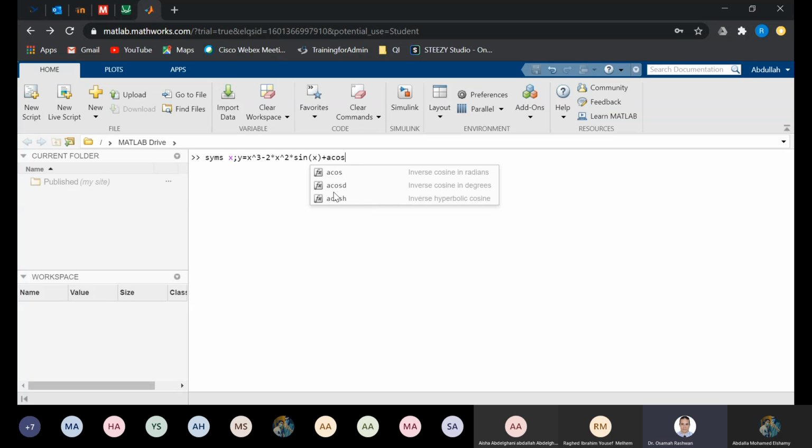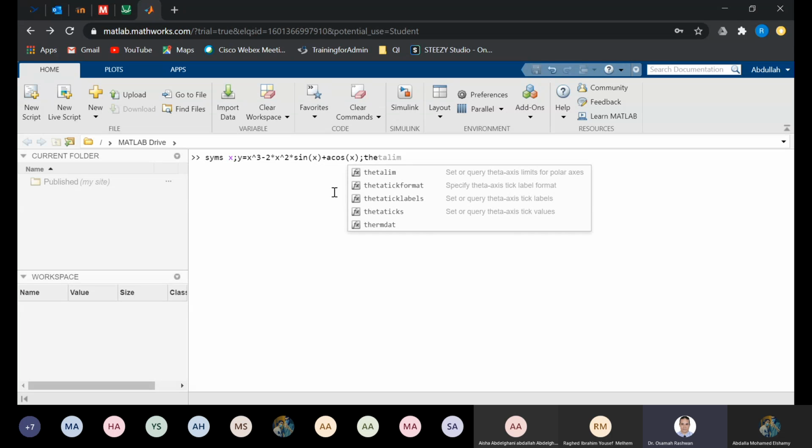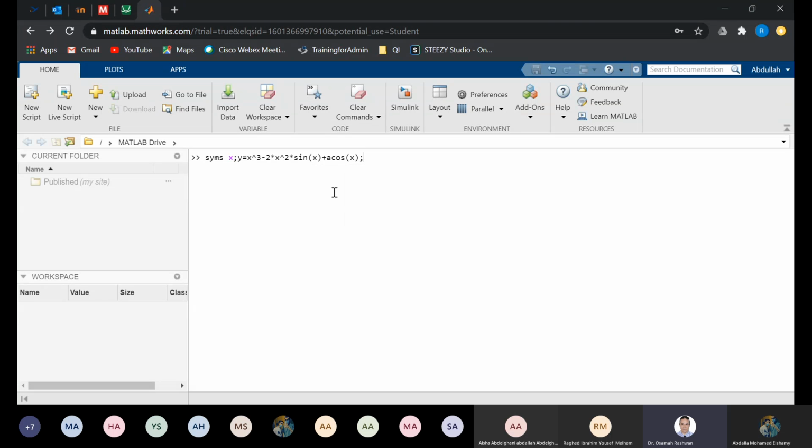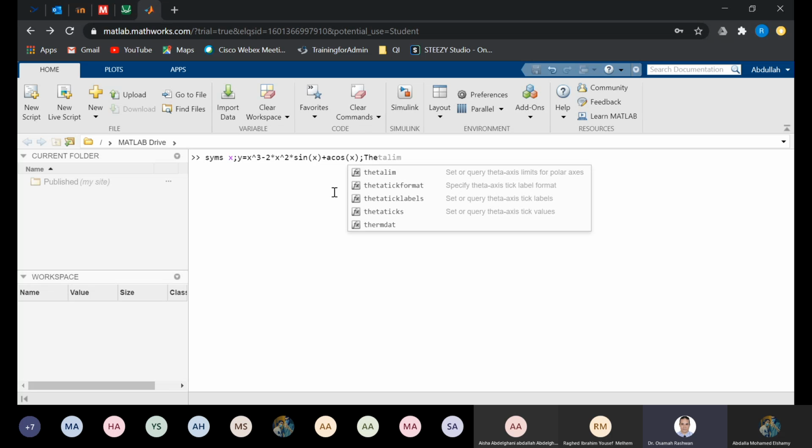How to write the sine inverse or cosine inverse? A cosine, semicolon. Def, or the first derivative, call it the first derivative. I prefer to call the result by name just to distinguish between the result of another questions.